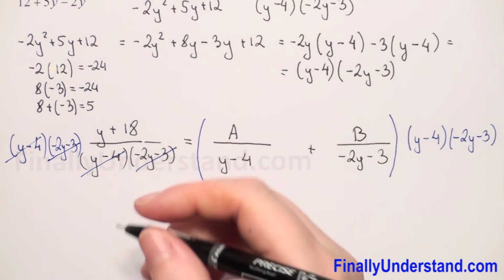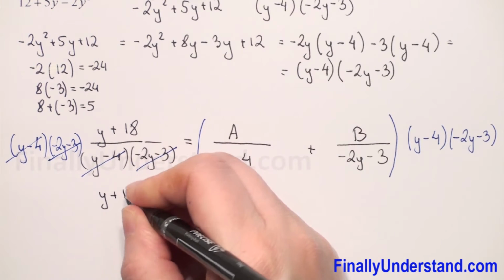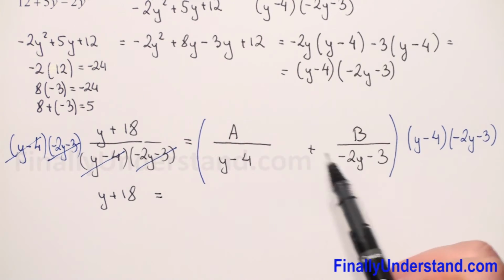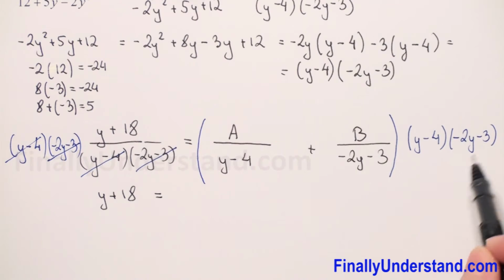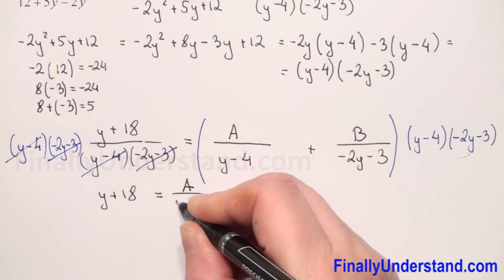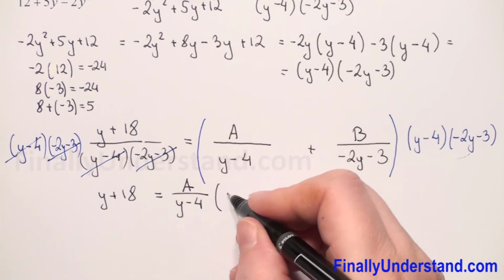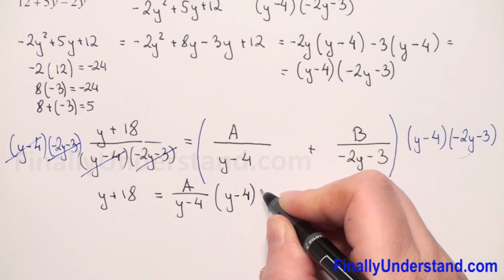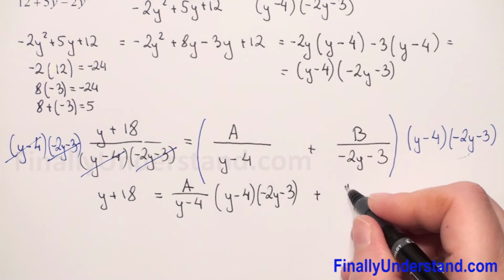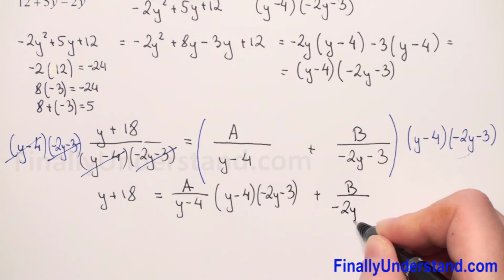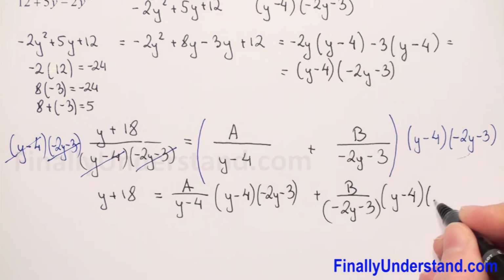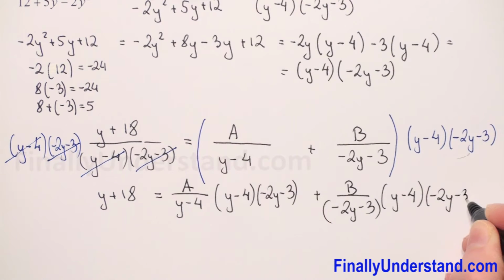So on the left side we have y plus 18 only. This is equal, and now every fraction we have to multiply by this whole expression. So we have A over y minus 4 times y minus 4 times negative 2y minus 3, plus the second fraction, B over negative 2y minus 3 times y minus 4 and negative 2y minus 3.